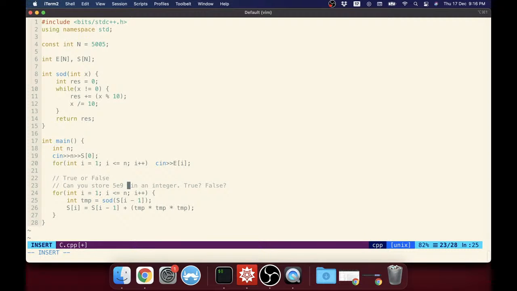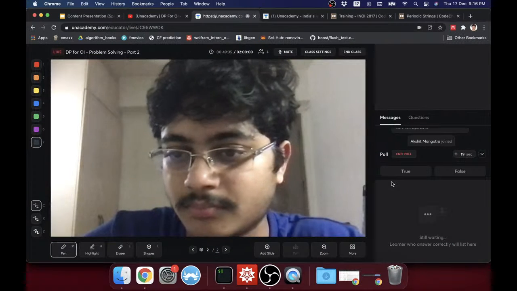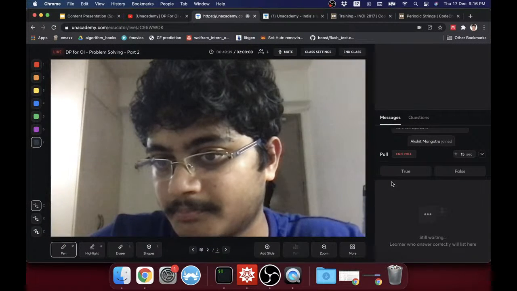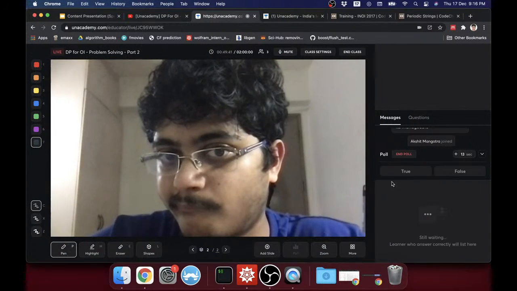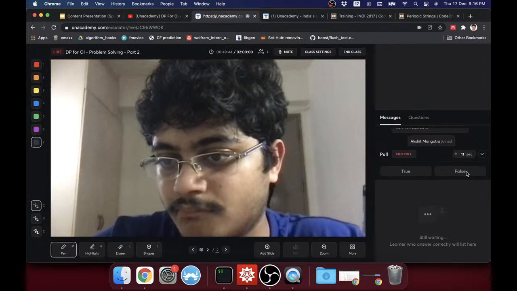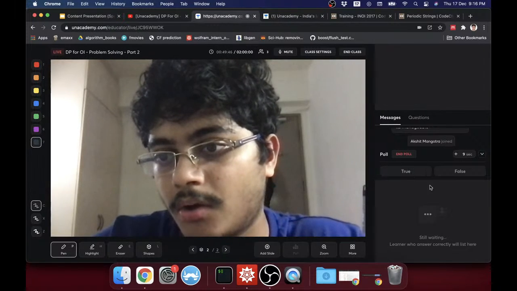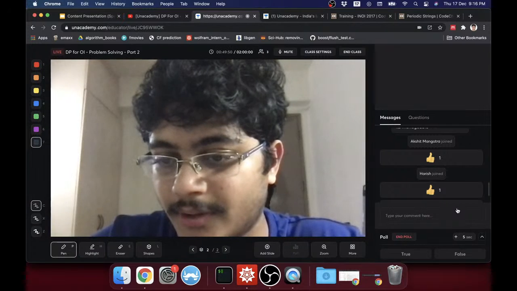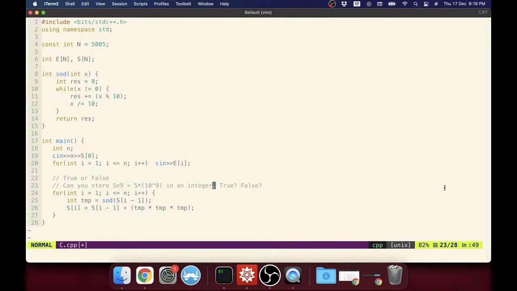Okay, maybe people are not familiar with what this means, the scientific notation. It means 5 into 10 to the power 9, so basically 5 followed by 9 zeros. Can we store it in an integer in C++? Well, looks like no response. But anyway, the answer is false.